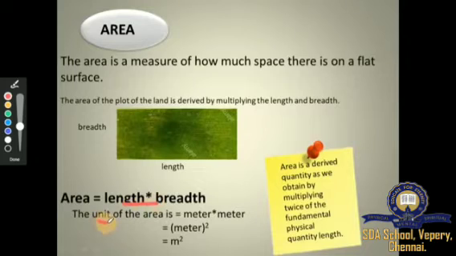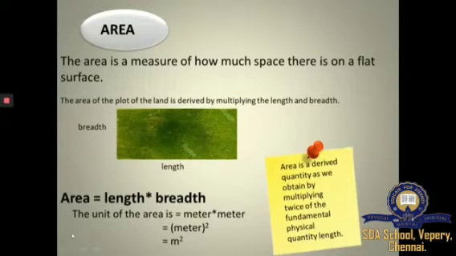The unit of area is meter into meter, which is equal to meter square, m square. So the unit of area will be meter square. Area is a derived quantity as we obtain it by multiplying twice the fundamental physical quantity length. So area is a derived quantity.